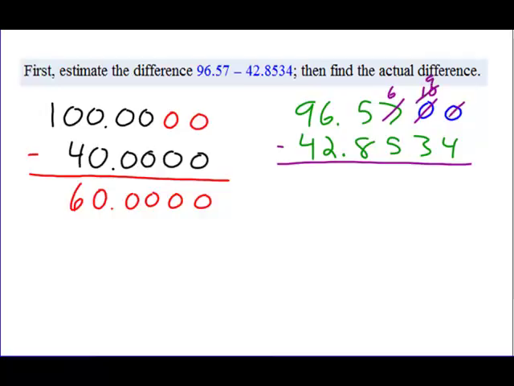That becomes a 9. And this becomes a 10. 10 minus 4 is 6. 9 minus 3 is 6. 6 minus 5, 1. Can't subtract, so I've got to borrow. 6 becomes 5. 5 becomes 15. 15 minus 8 is 7. Decimal point. 5 minus 2 is 3. 9 minus 4 is 5. 53.7166.